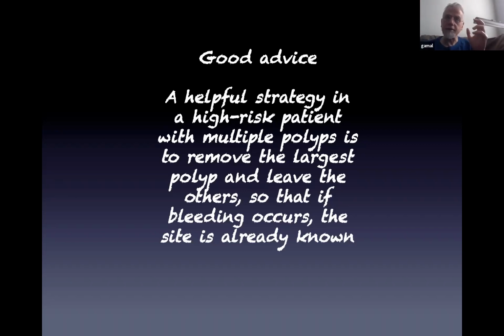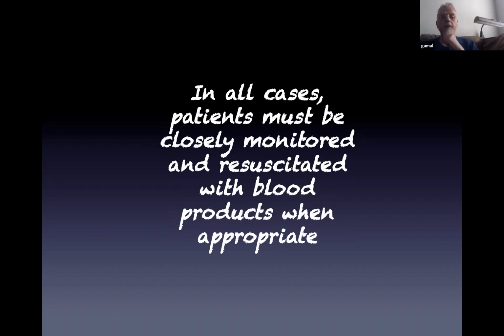You know there are others, fine, come and fight another day, but don't do all these in one day. So that will help you localize the bleeding at least if the bleeding takes place. In all cases, patients must be closely monitored, and resuscitation with blood, of course, we all know this.